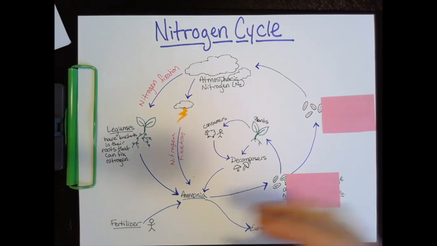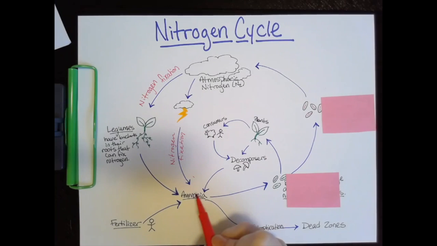But if you add too much ammonia to your soil, and then it rains, and you get that water runoff with all that ammonia in there, you have a problem. What happens is you get eutrophication.